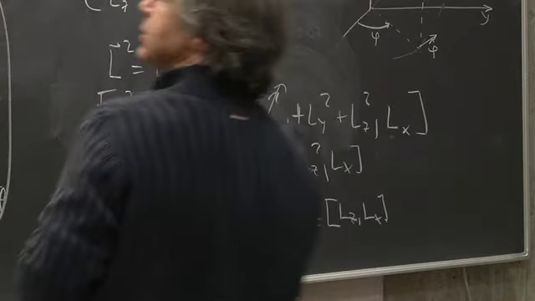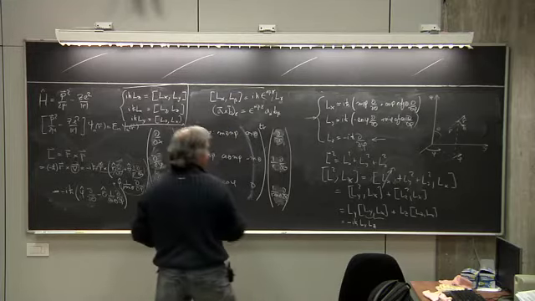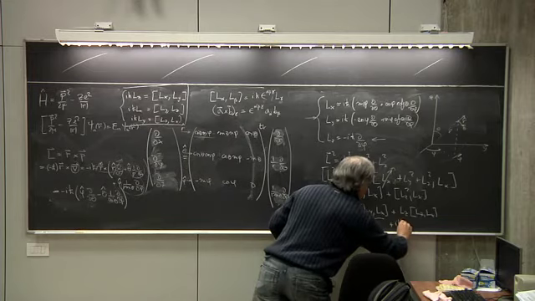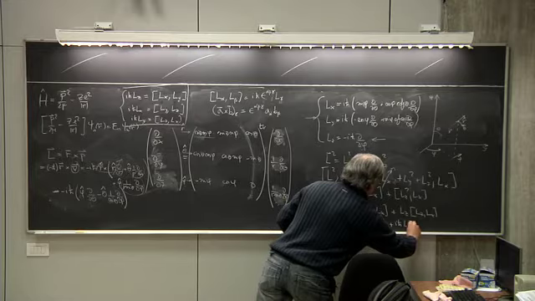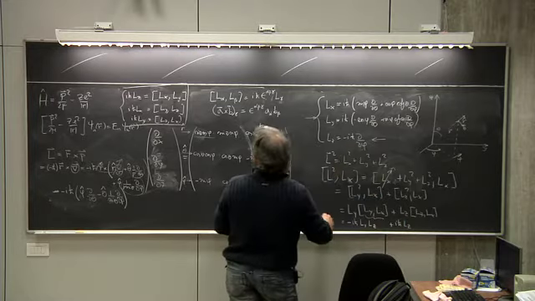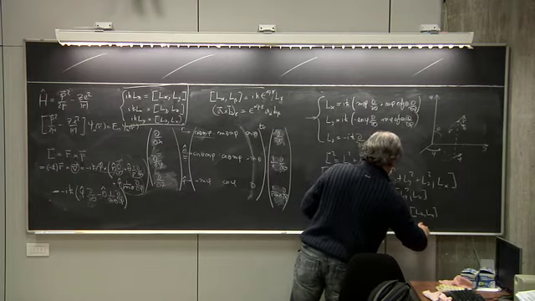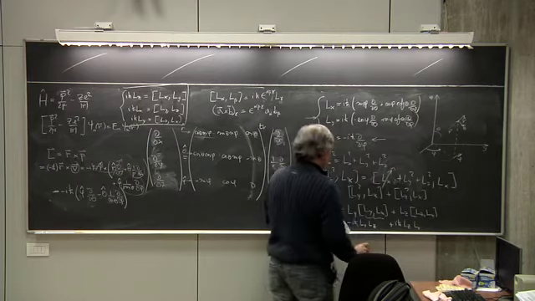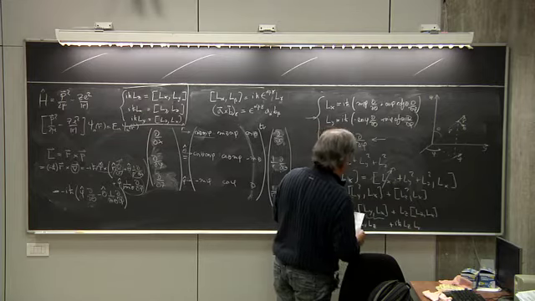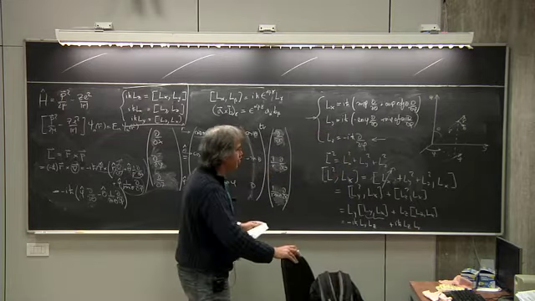And this is directly this object. So it's plus i h bar Lz, sorry, I'm making Lz, Ly. Did I think I missed something? Huh?